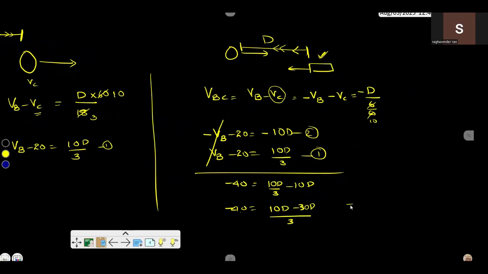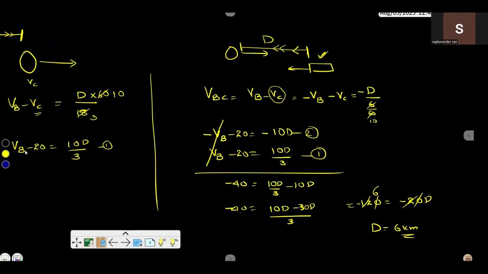If I multiply by 3, that would be minus 120 is equal to minus 20D. This and this get cancelled, 20 6s are 120. So the distance D is equal to 6 km.